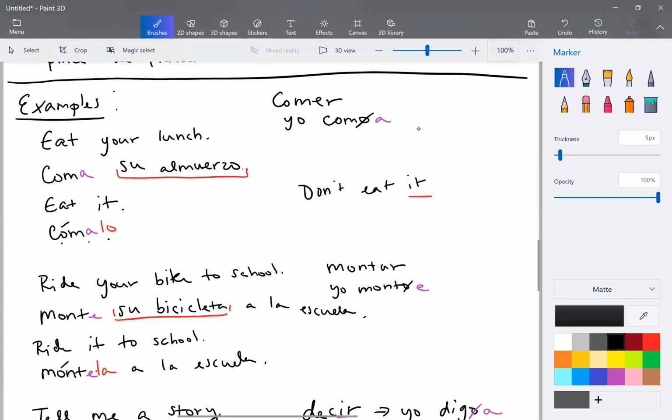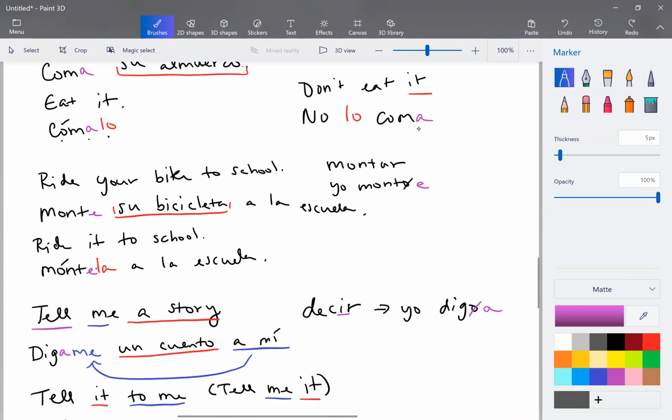we're going to say no lo coma. And we're just moving it in front of the command because it has to go in front when it's negative. But you can still see all the parts. Cómalo, no lo coma. What would we do for don't ride it to school?